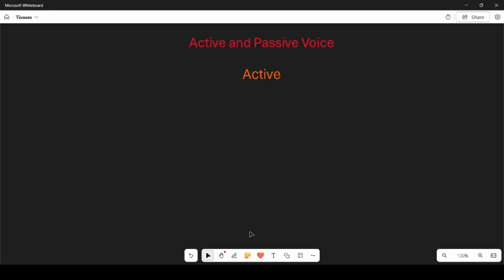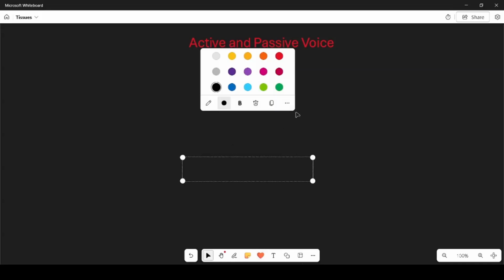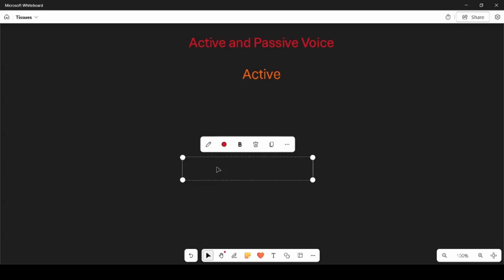An active voice sentence would be something like this. Eve sent an email.